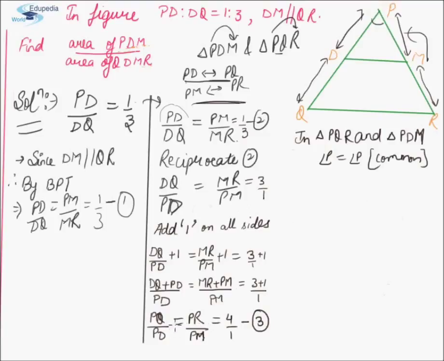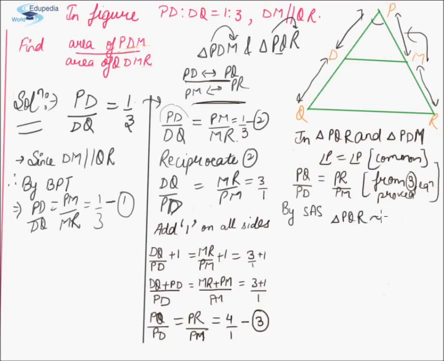Also from the equation 3 we can say that PQ over PD is equal to PR over PM. Thus, by SAS criteria, we can say that triangle PQR is similar to triangle PDM.